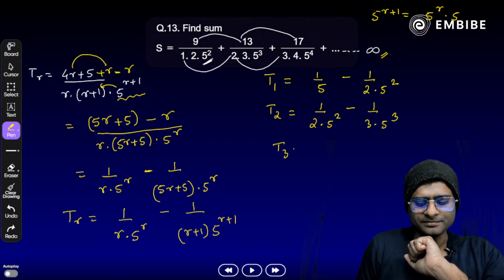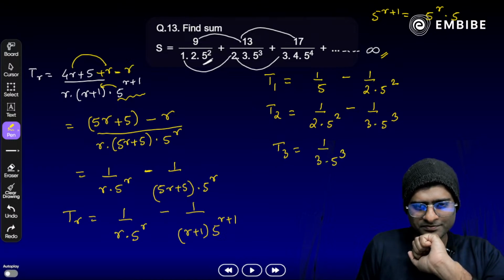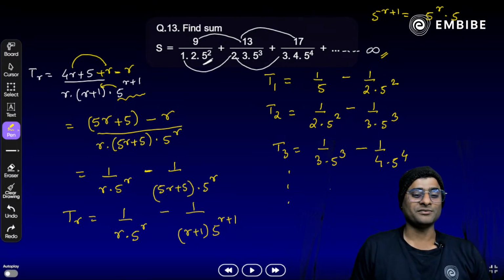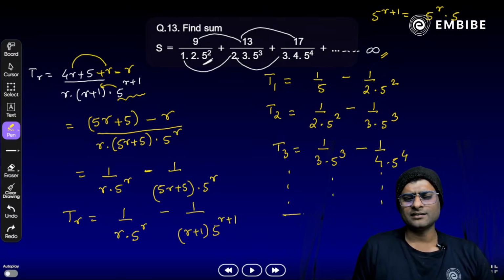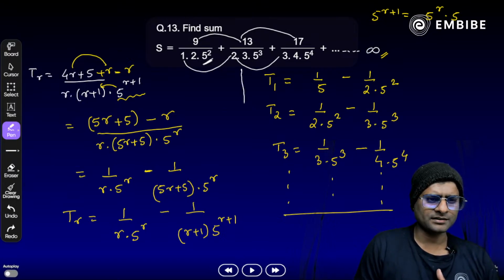Yes, third term: 1 by 3 times 5 cube minus 1 by 4 times 5 raised to the power 4 here. Now up to the infinity. Is it possible to write up to the infinity? No, impossible here. But we can guess the answer. 3 terms are enough here.